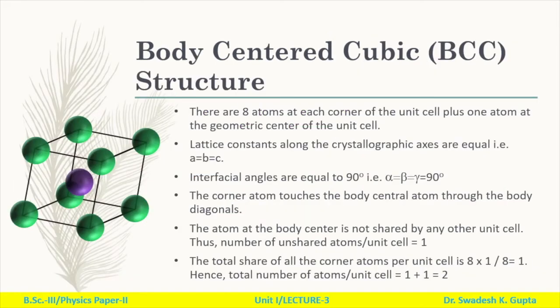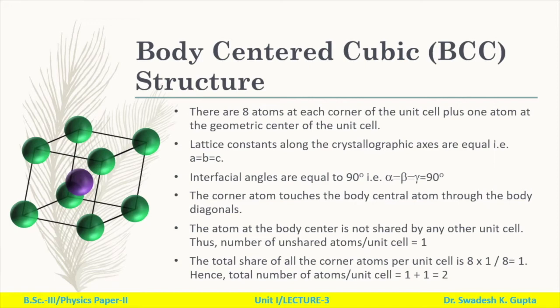Coming to the body centered structure, here 8 atoms are in the corners and there is one atom in the center of the body. The lattice constants here are also equal and the interfacial angles are equal to 90 degrees. But here the corner atoms do not touch each other. Rather, the corner atoms touch the body centered atom.